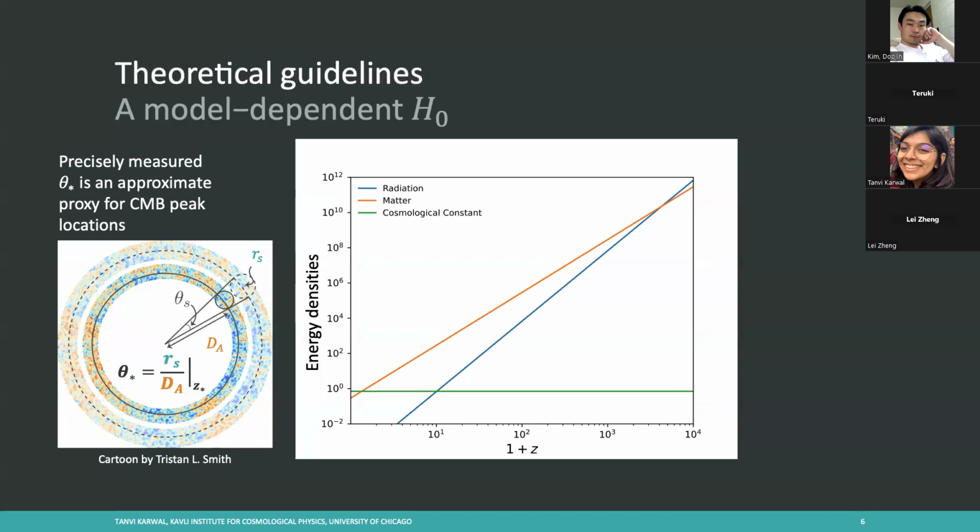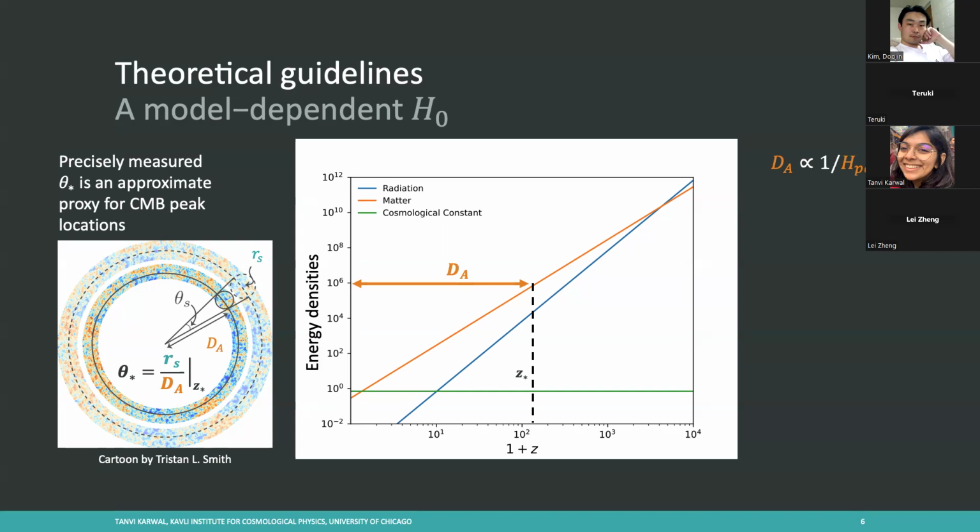Now, the denominator of that fraction, the distance between us and the CMB, depends on how the universe expanded since the CMB was emitted. So here I'm showing you energy densities versus redshift in a lambda CDM universe. And your distance between you and the CMB depends on an integral over the post-recombination universe.